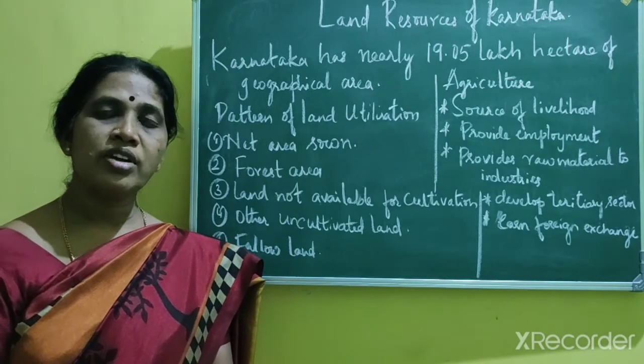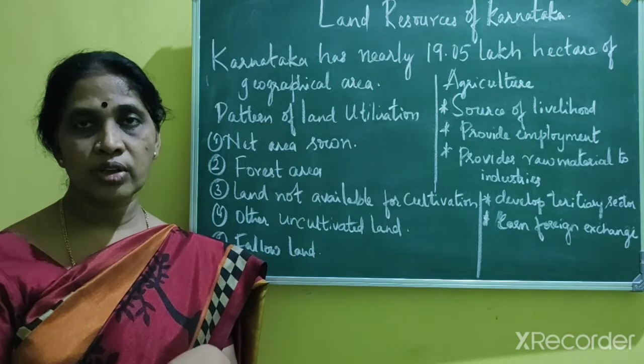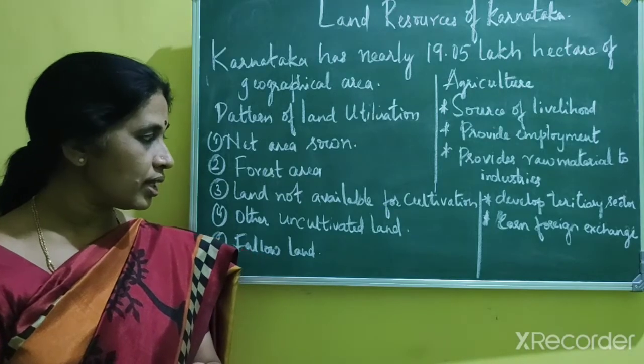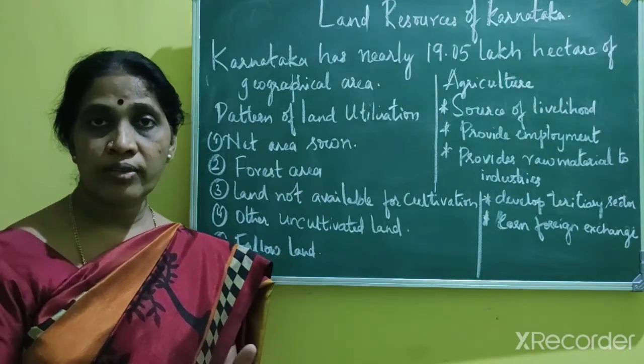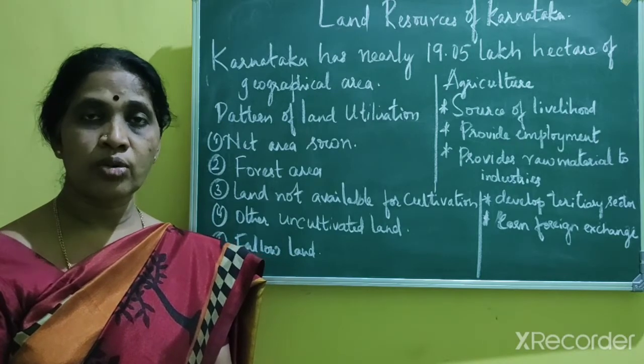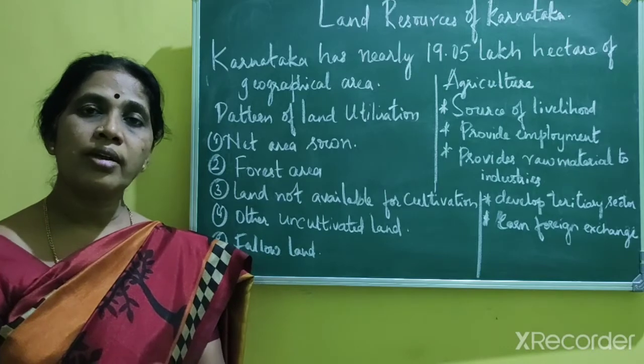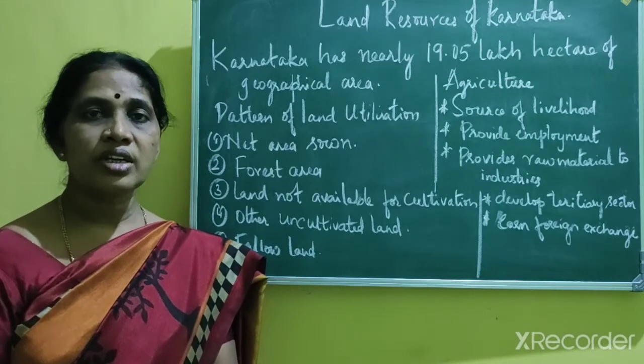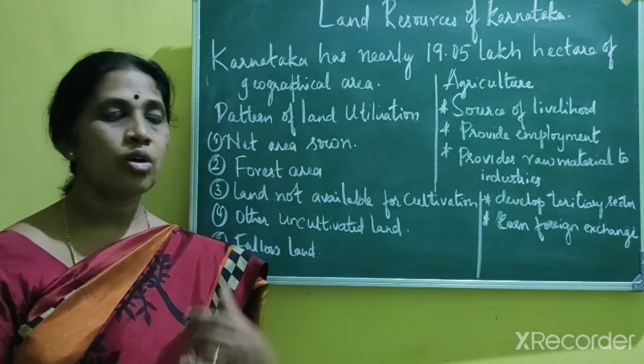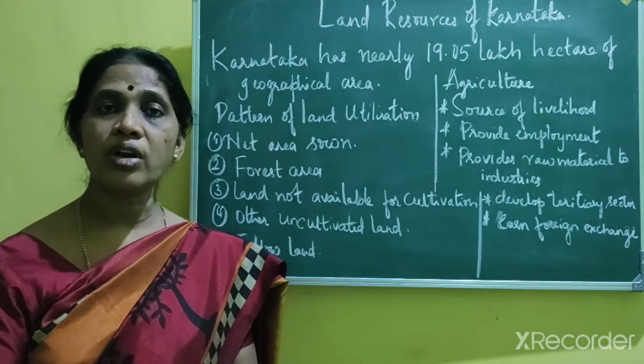Even in Shivamogga, Mysore and Tumkur, the land not available for cultivation is increasing and used for various developmental programs. And Bidar district has the least area under land not available for cultivation.